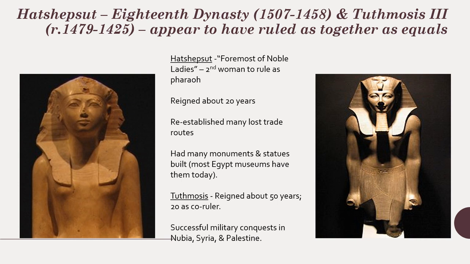So these two, an extraordinary team that worked together, man and woman, to rule Egypt through a crucial period in their later empire, but still with Egypt being powerful and pushing that power outward.